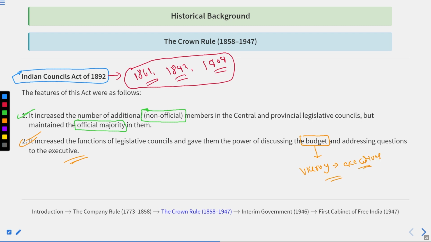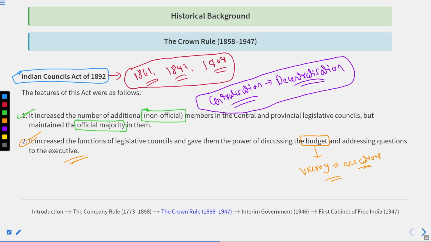But we discussed in the previous lecture that the Britishers were shifting their policy from centralization to decentralization.